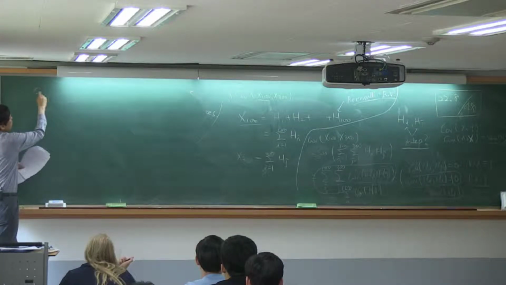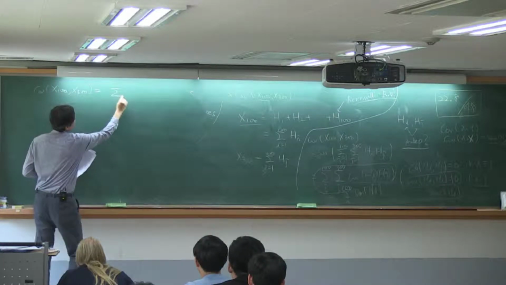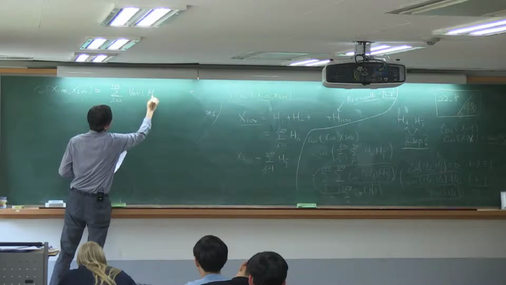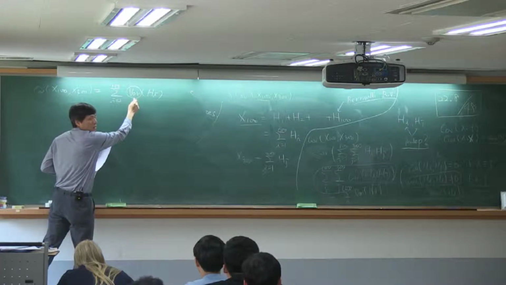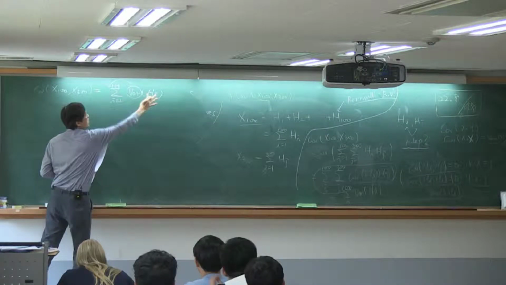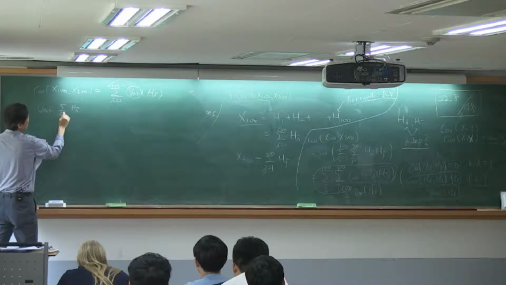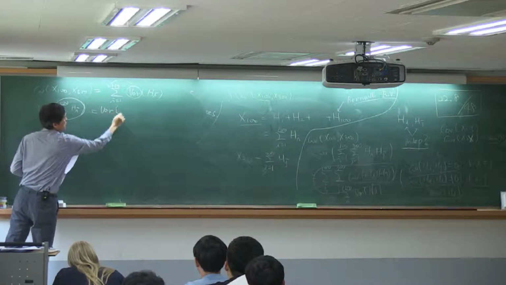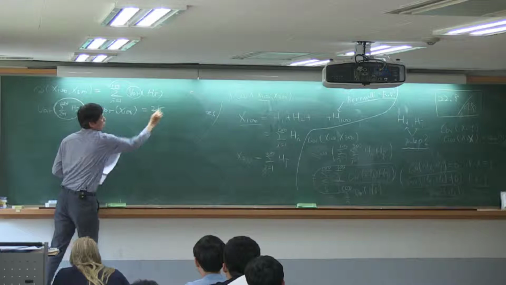So covariance of X100 and X300 becomes the sum over i from 1 to 100 of variance of Hi. This variance can be moved out of the sigma, so 100 times variance of H. 근데 이거 뭐지? This is variance X100, 25.